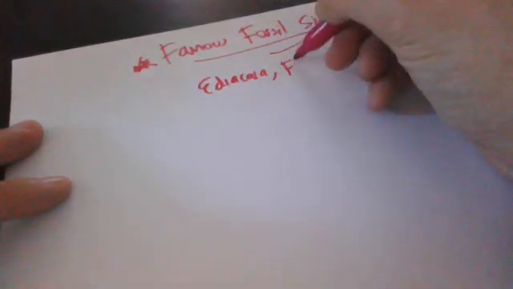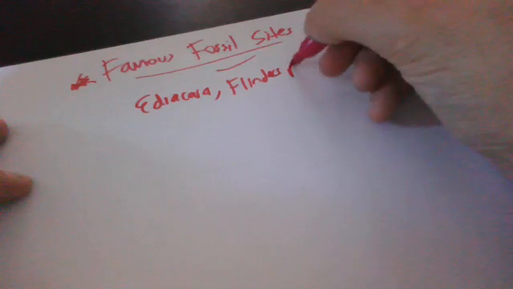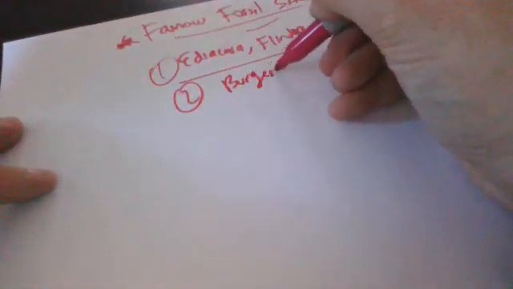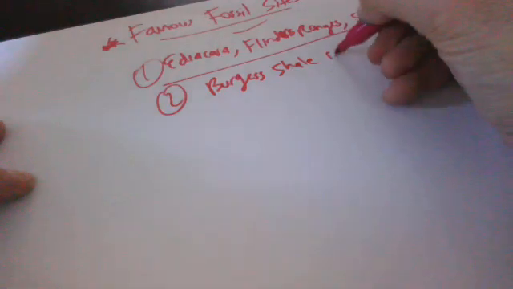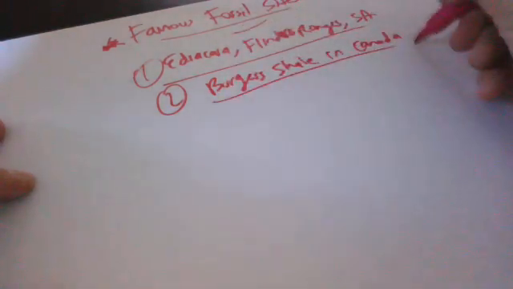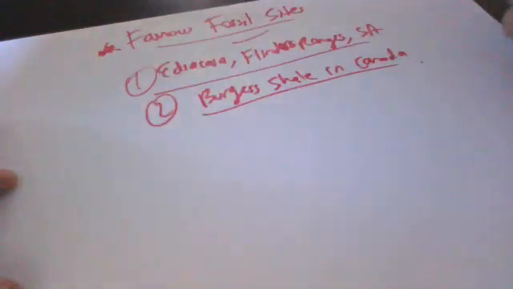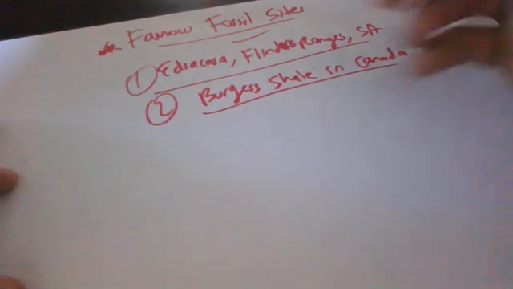Ediacara in Flinders Ranges in South Australia. Another one is Burgess Shale in Canada. And these are both particularly important because they provide a lot of information on different eras throughout history where critters formed, and when they lived.